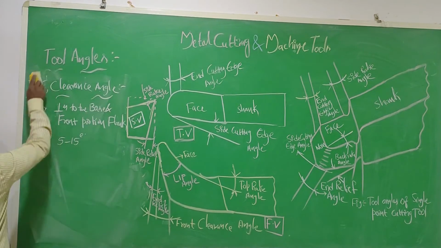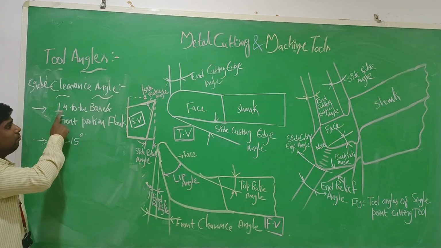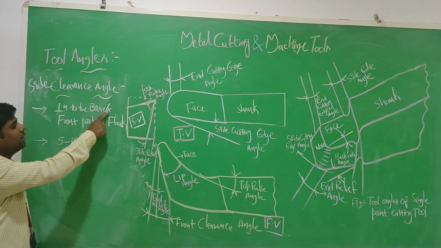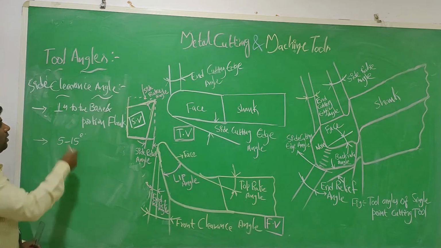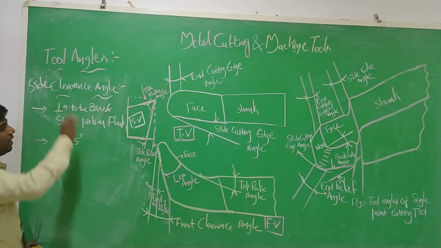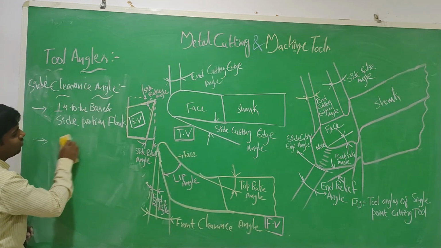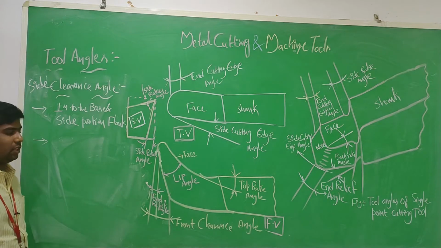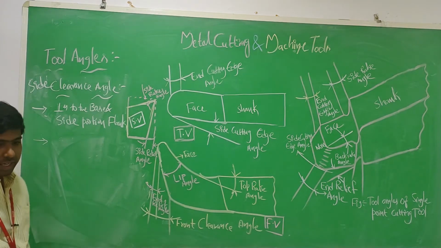Side clearance angle is the angle between a plane perpendicular to the base and the side portion of the flank. The side portion of the flank is called the side clearance angle. Side clearance angle varies up to 8 degrees.